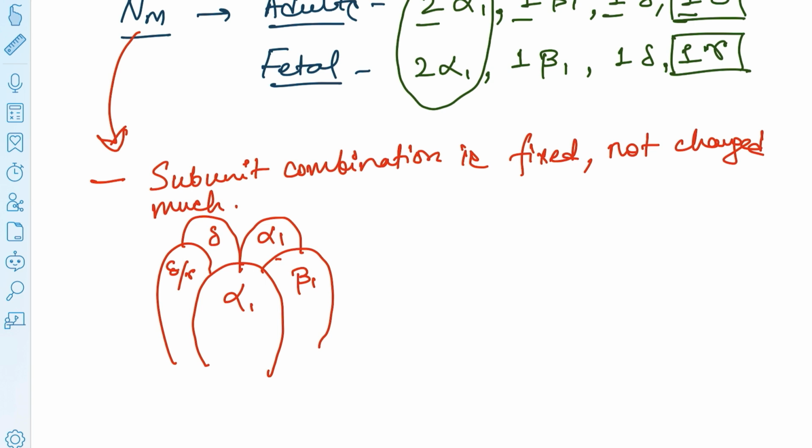Now what happens is that the agonist binding domains are always present between two subunits. The agonist doesn't bind to a single subunit only; it binds at the intersection of two subunits. And always, for the NM receptor, and even for the NN receptor as well, one alpha subunit must be present, where the agonist will bind.